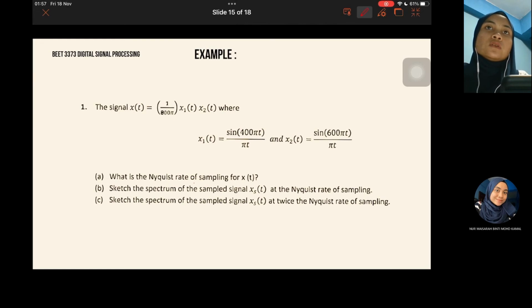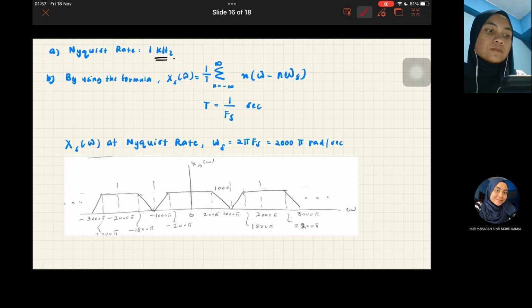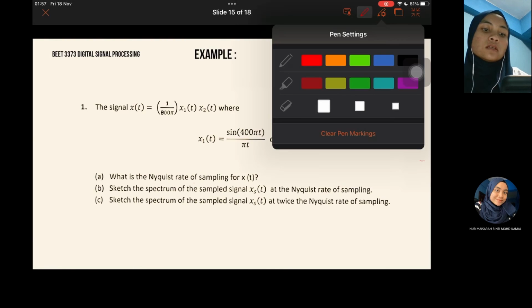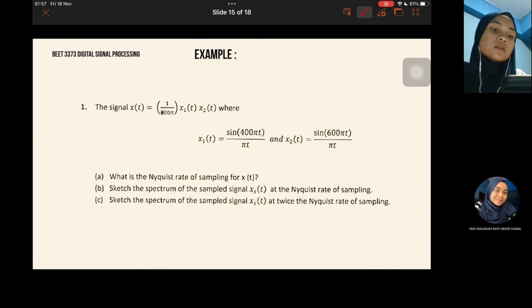The answer for the sampling rate for x(t) is 1 kilohertz. The second question is, sketch the spectrum of the sampled signal s(t) at the Nyquist rate of sampling.